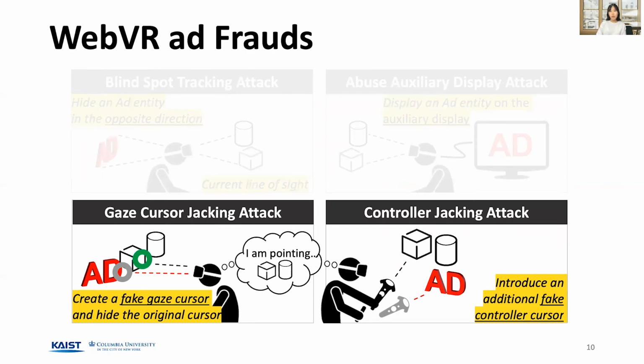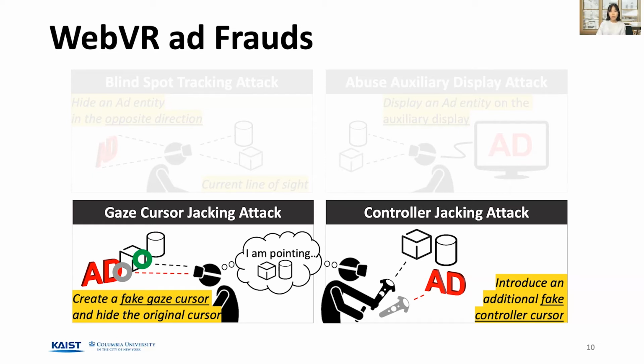In WebVR, a gaze cursor and controllers are used for user interaction. Gaze and controller cursor jacking attacks falsify this means of interaction in the 3D scene and deceive users as if they had clicked on the ad entity without actually clicking on it. The left figure illustrates that an adversary registers a fake gaze cursor at the virtual scene.